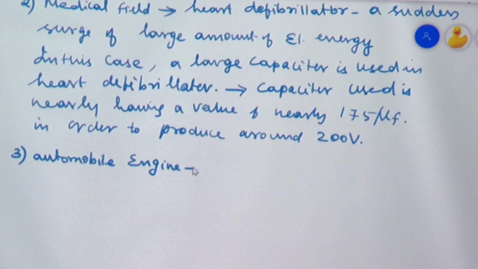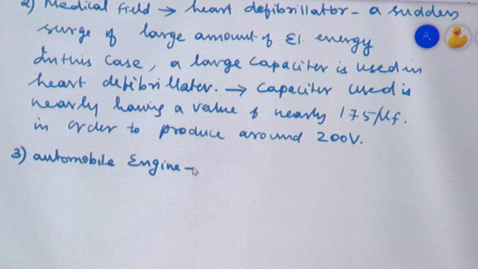If you are having a two-wheeler, for self-start, you will be using a battery. The current or the voltage that is coming out of the battery is not given to the engine or the spark plug directly.